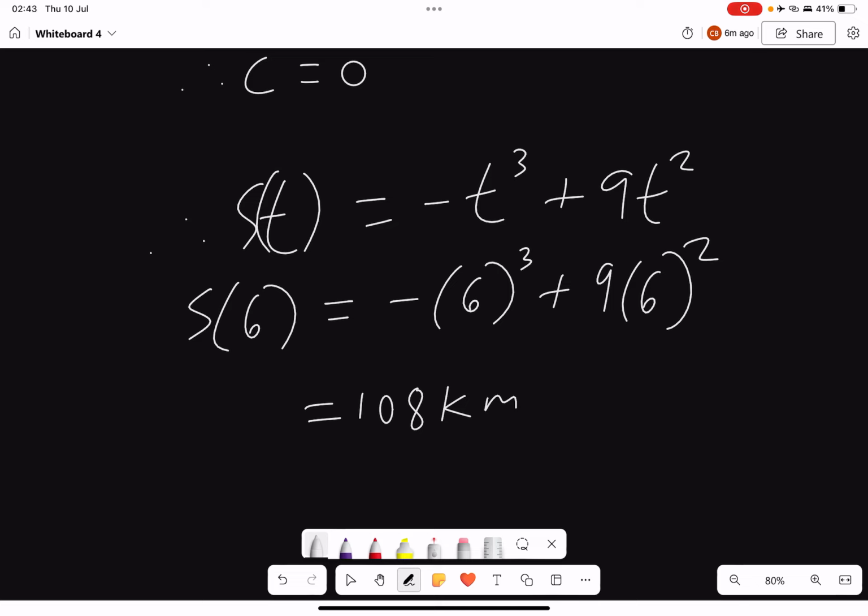Yeah? We're fine. Remember this. This is a warning. Trying to find maximum speed without setting acceleration to 0 is like trying to win Idols SA without singing. It ain't just gonna happen, my friend. And that's how you smash speed and distance questions with understanding, not just memorizing steps.